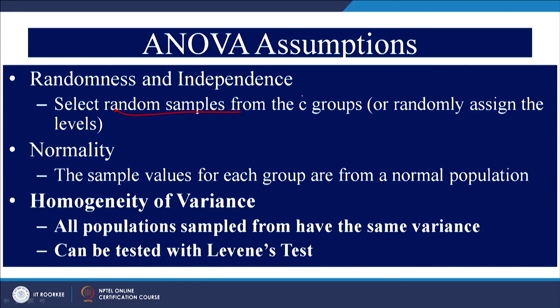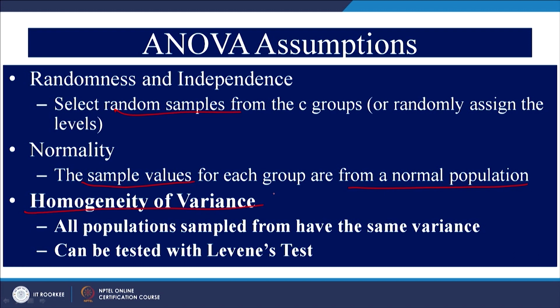So, before going for ANOVA, you need to fulfill certain assumptions. For example, the sample should be randomly selected from the different groups. We should ensure that the populations from which we are taking samples are normal, and the most important assumption is homogeneity of variance.